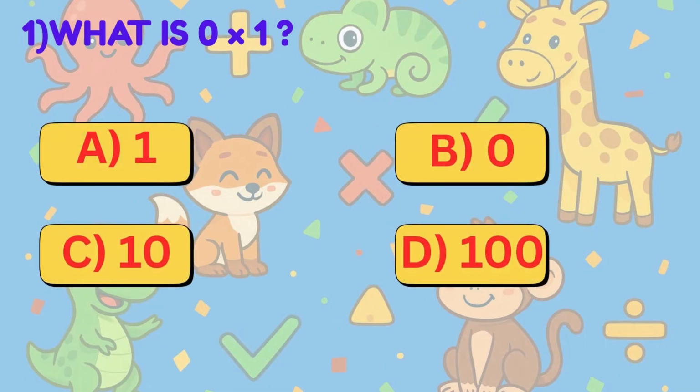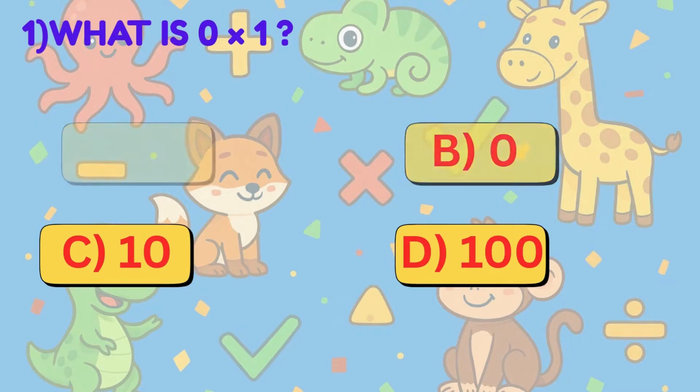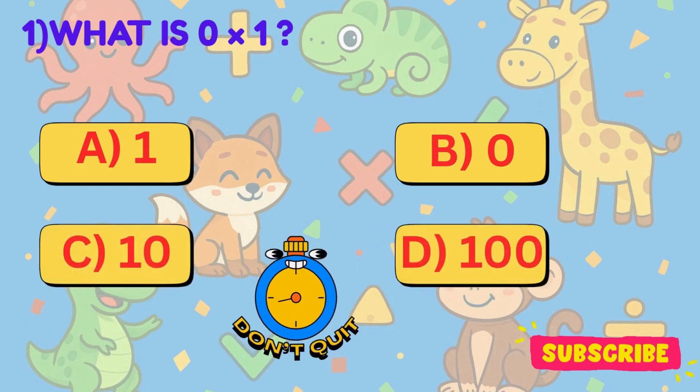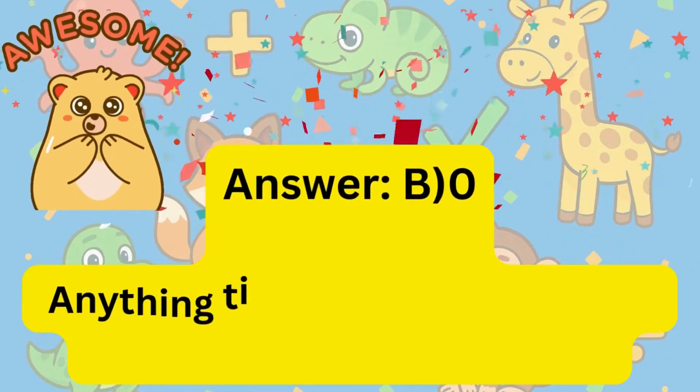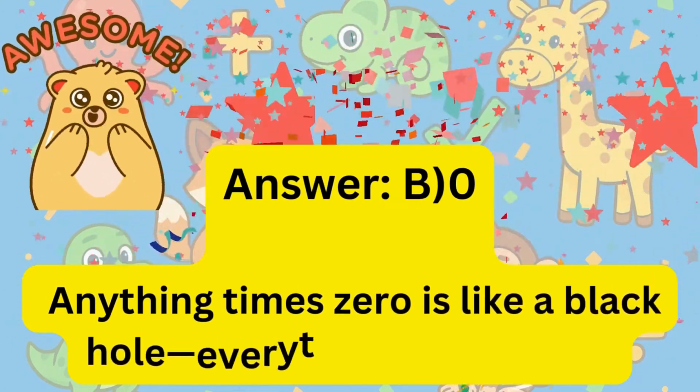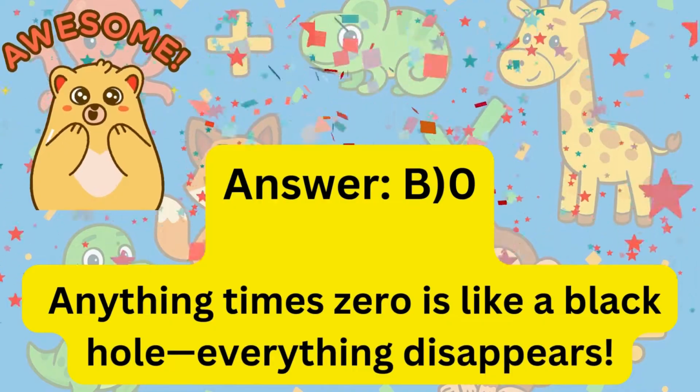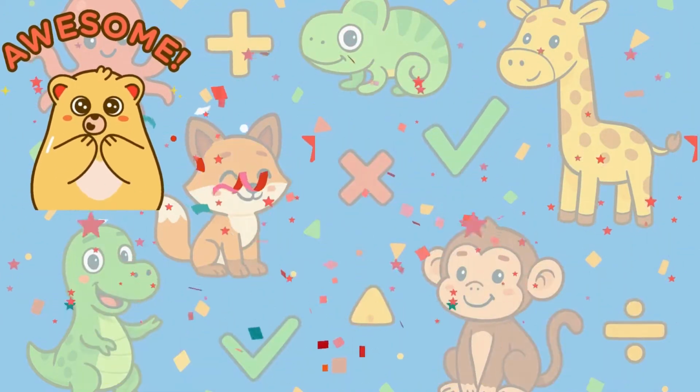Times 1? Is it A, 1, B, 0, C, 10, or D, 100? Correct answer is B. Anything times 0 is like a black hole. Everything disappears. 2.